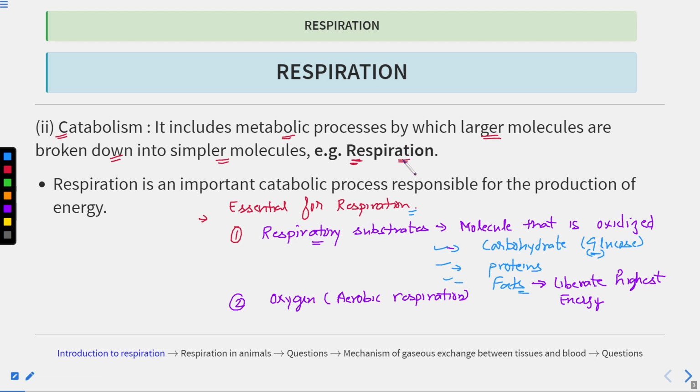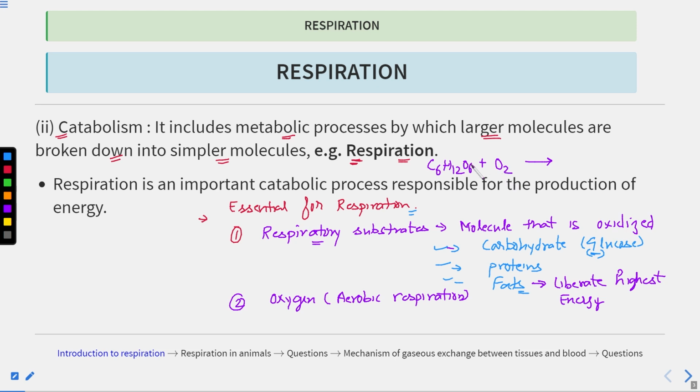Respiration is a catabolic process. So what happens during respiration? We can understand it with the equation. The respiratory substrate, let's take glucose, C6H12O6, will oxidize, meaning it will combine with oxygen.